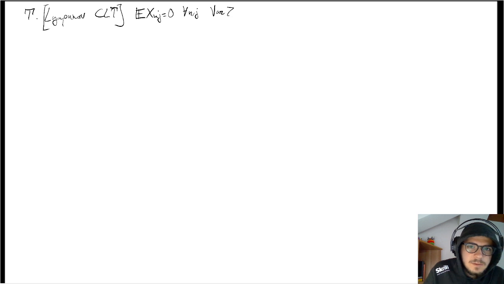The variance of Z_n is 1 for any n, and the limit as n goes to infinity of the expectation of X_nj to the third power is 0.